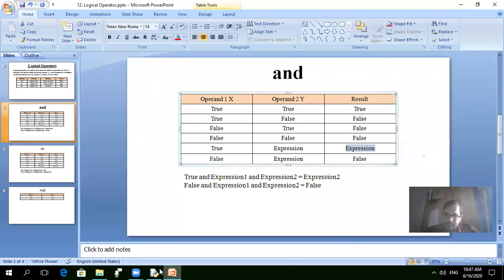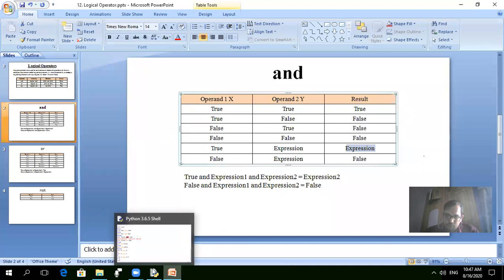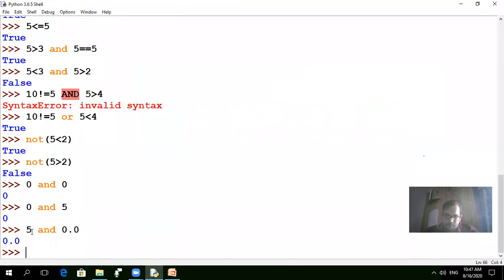So here in this case, the first one is true and the second one acts as an expression. In simple words, the first one is true and the second one is false. So true and false, result is false. According to the definition, the first one is true and the second one is false, so the final result is false. False means 0. Now it is clear?